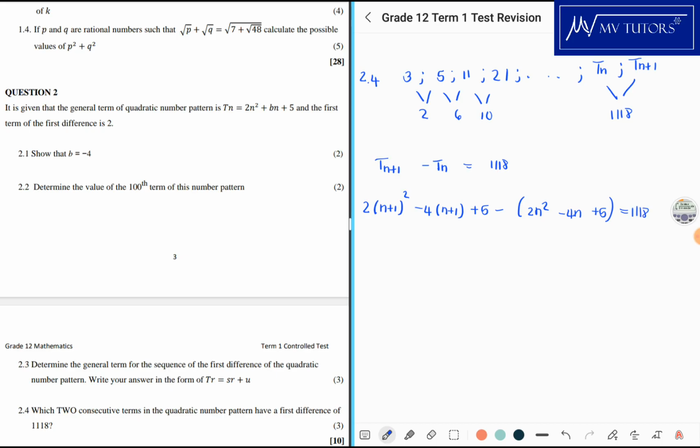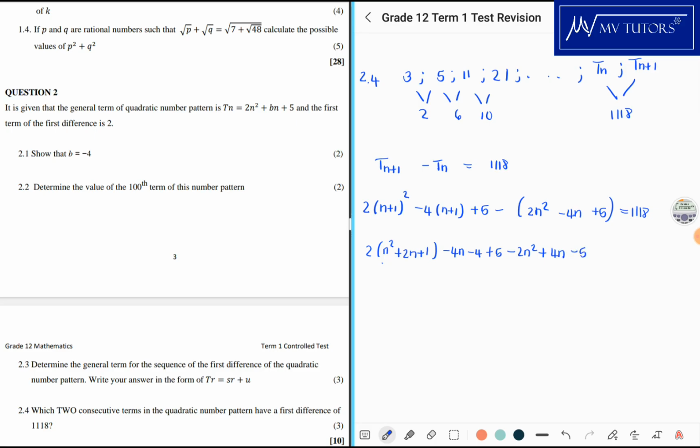There can be room for a lot of error. So just be careful and take your time. So 2 times n plus 1 squared. So basically, inside the bracket, we're going to have n squared plus 2n plus 1, then minus 4n minus 4 plus 5 minus 2n squared plus 4n minus 5.